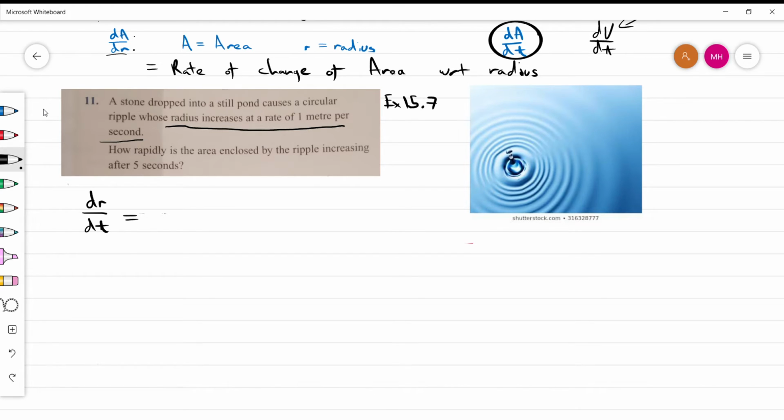The rate of change of the radius with respect to time, which is given in this question as 1 meter per second. So this is given to us. This is going to help us solve this. If you can picture it, at the start, this is seconds, and let's say the radius is here.